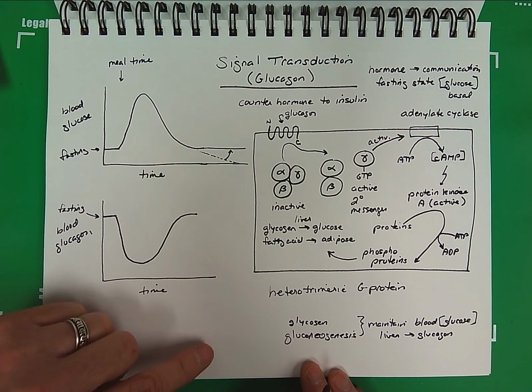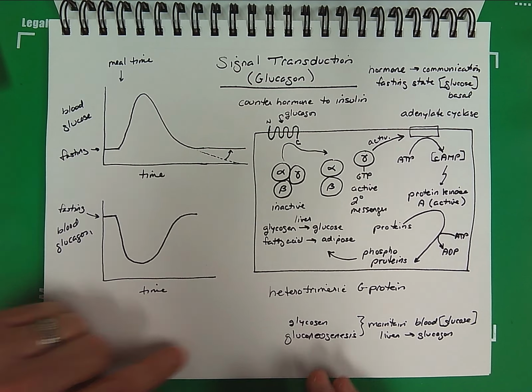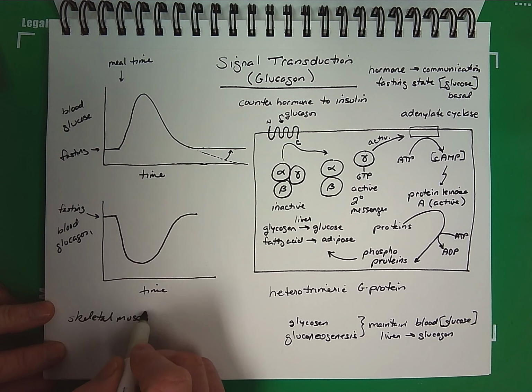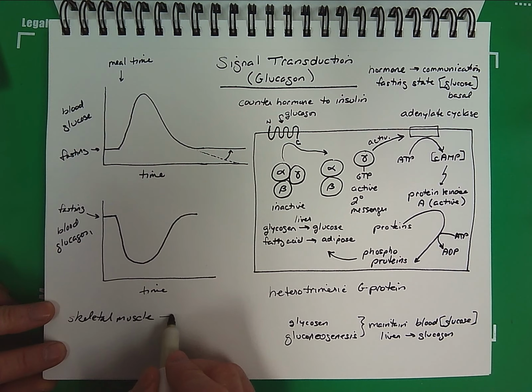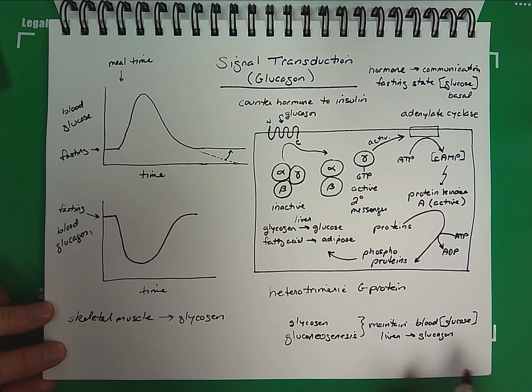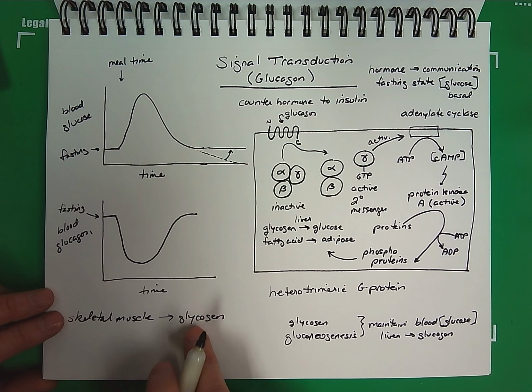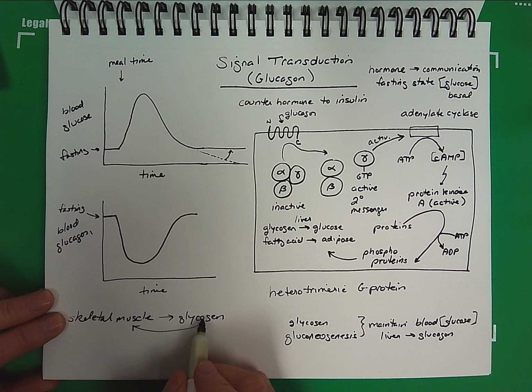Now, what about skeletal muscle? Skeletal muscle has its own source of glucose in the form of glycogen. The glycogen is much the same as in the liver. However, this glycogen is only for skeletal muscle. There is no contribution of glucose from these stores to maintain blood glucose levels.